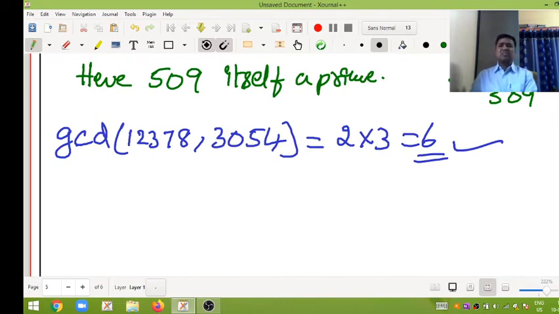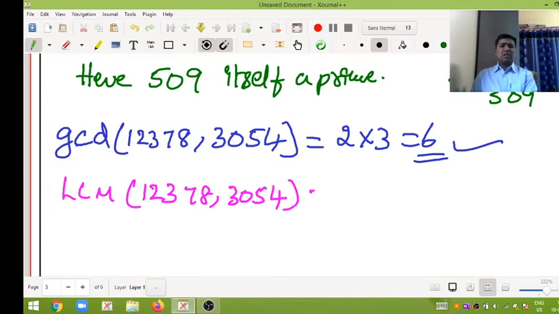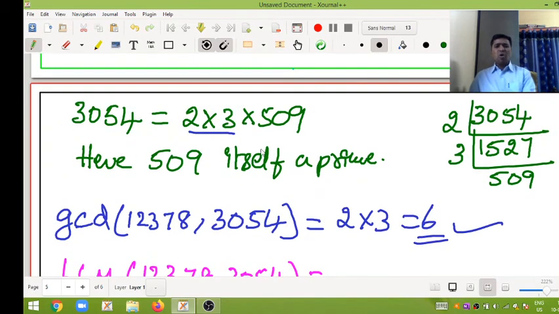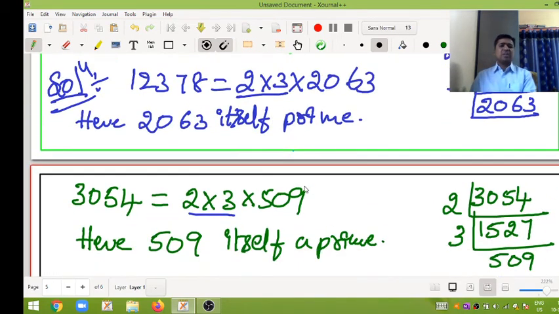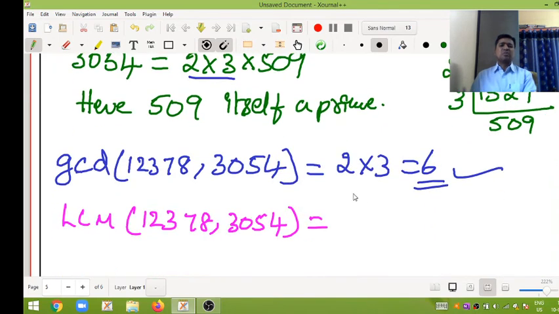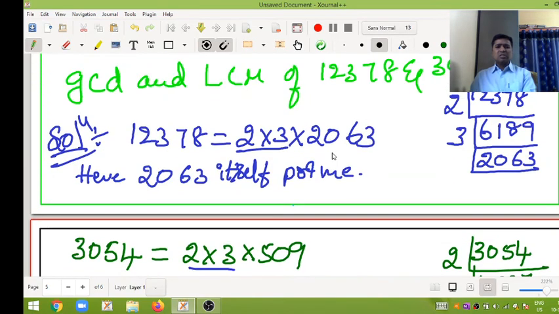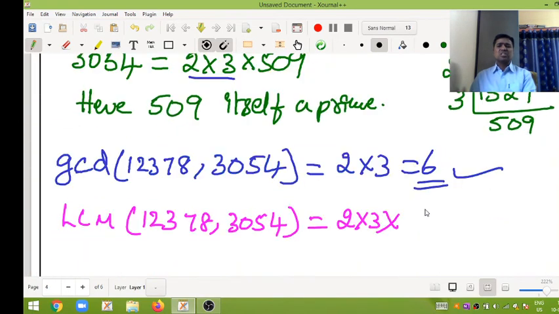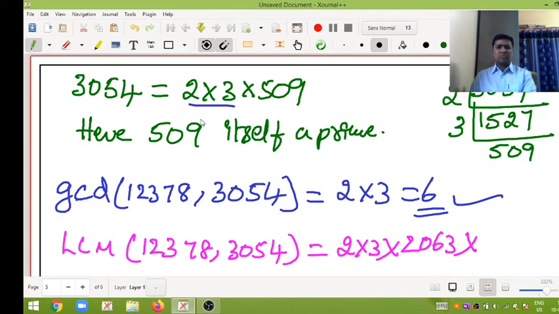Again, my dear friends, LCM of these two numbers 12378 comma 3054 means what? All primes you should write one time. All primes in both the given integers, the product you should take. That is 2 into 3 into the prime in this number, 2063, into one more prime in this number, 509.